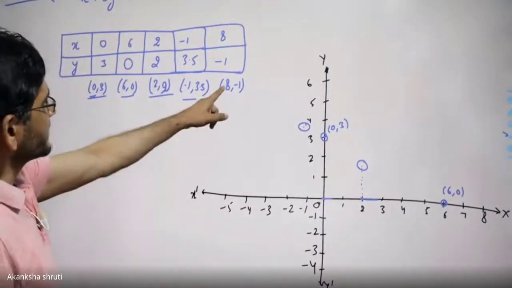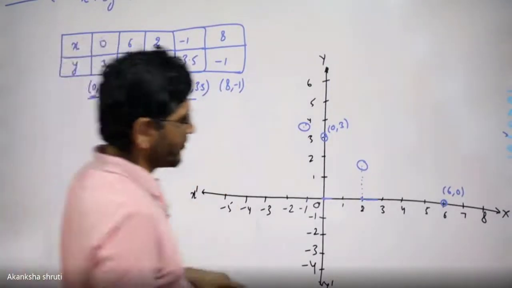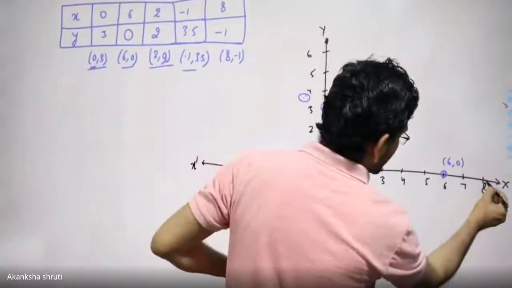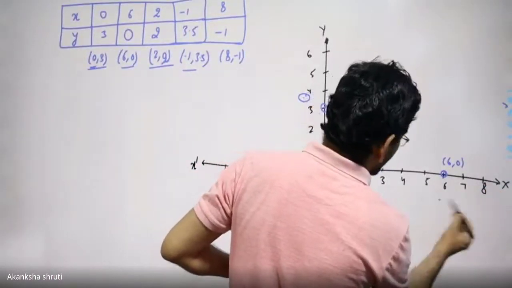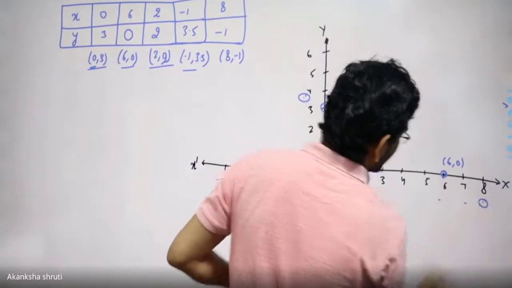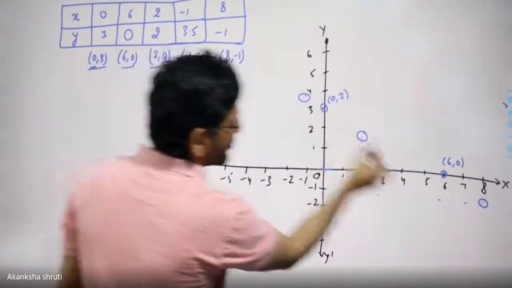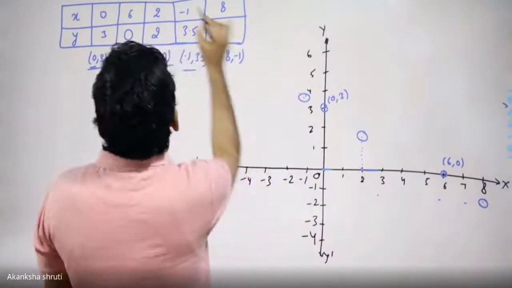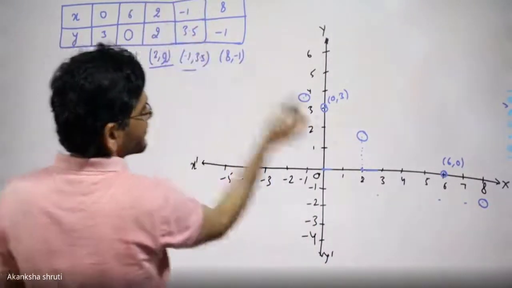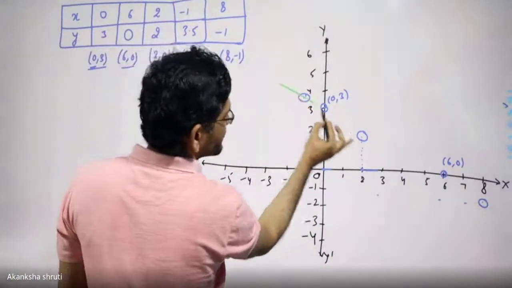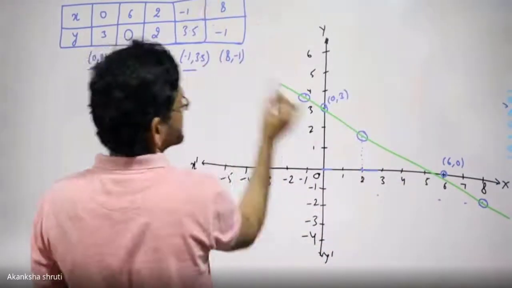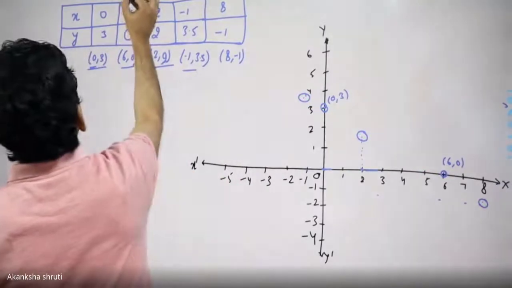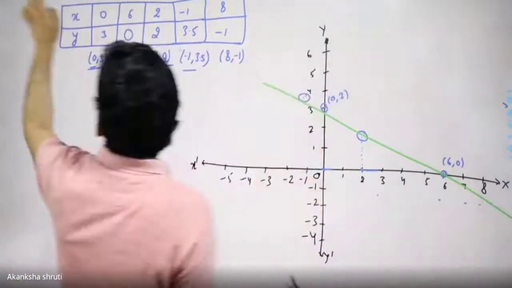Student, x is 8, y is minus 1. When x is 8, y is minus 1. It is coming somewhere here. This way we are getting all these points. Whatever we have plotted, we see that all of them lie on a straight line. Plot it carefully. You will surely get a straight line. So we have to mark it carefully.